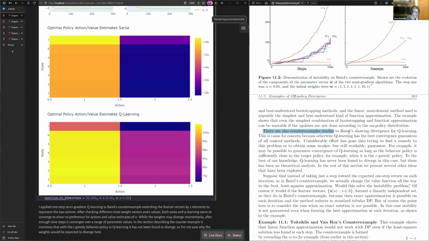There's also a counterexample similar to this showing divergence for Q-learning. But it may be possible to guarantee convergence of Q-learning as long as the behavior policy is sufficiently close to the target policy, for example, when it's the epsilon greedy policy. And that is what I'm doing here. I'm using the epsilon greedy policy. That's also how you typically perform Q-learning.